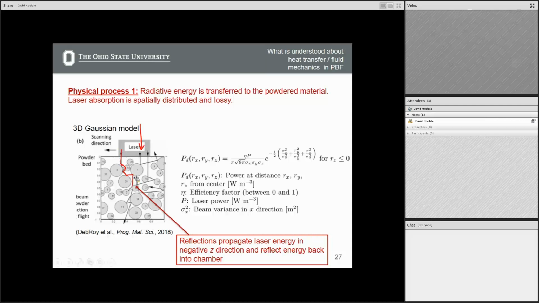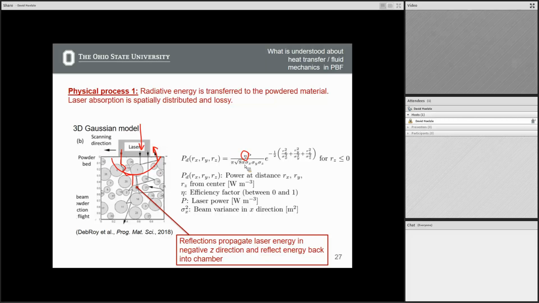Each time it's losing energy, but it's getting farther than just the top surface, the laser energy. Some laser energy is actually reflecting off, and it's going back into the chamber, right? And so you have an efficiency loss, given by this eta here, and also this profile is going somewhat deep into the powder bed. It's not just at the very top surface. So this is more of a 3D or volumetric model for how laser energy is absorbed into the powder bed.